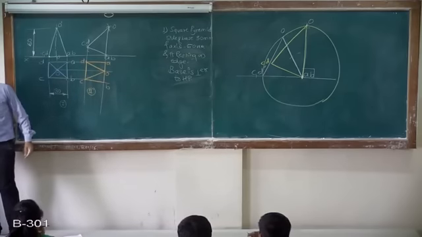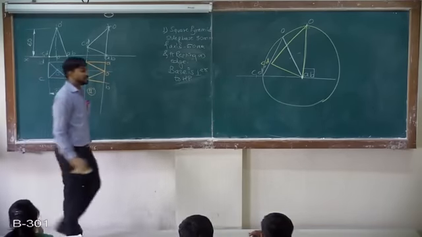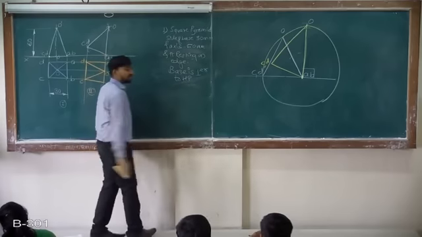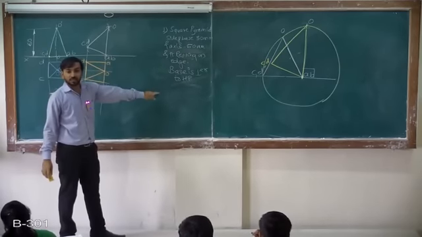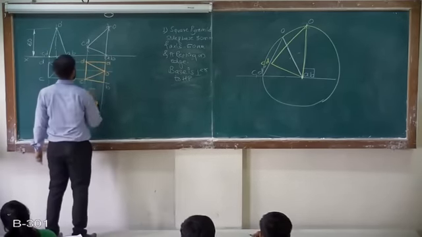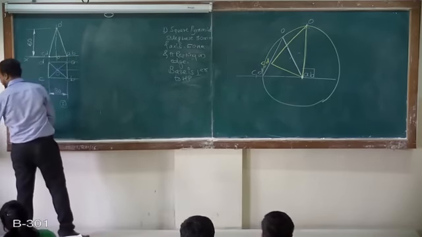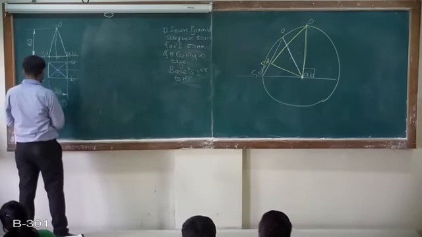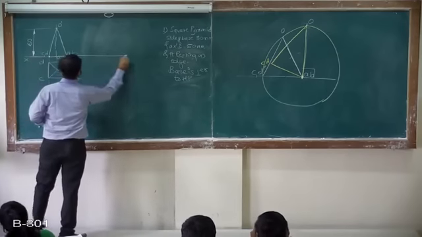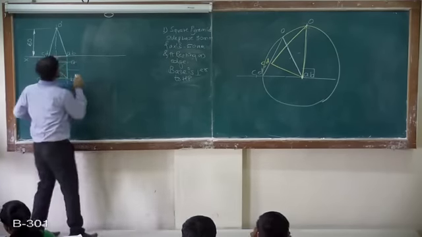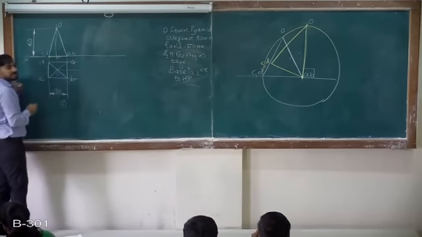So now I will draw this stage when I am saying a base is perpendicular to HP. So that means angle is 90 for base. So what is base? AB, CD.